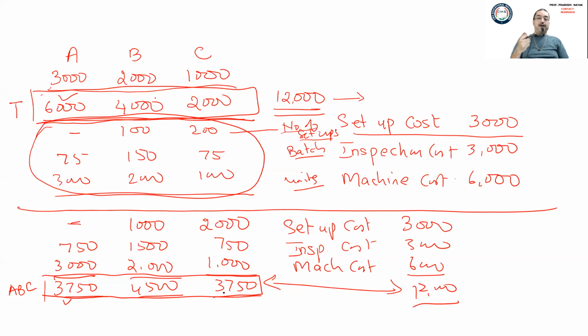So if I had to take a decision as to which of the three products should be eliminated, should not be produced because of high cost, in the case of traditional costing, I would have said A should not be produced because A's cost is very high, 6,000. Whereas here I am saying that A should be produced, B should not be produced because B has got a very high cost.